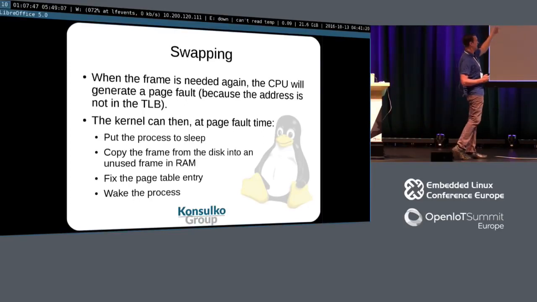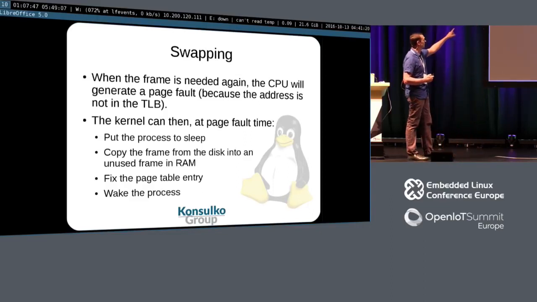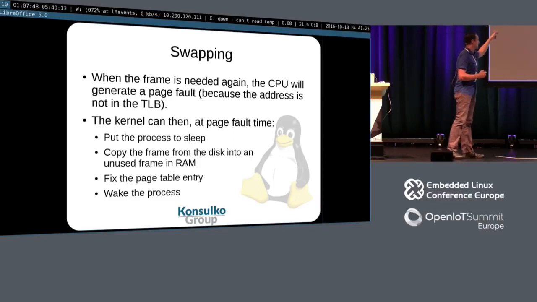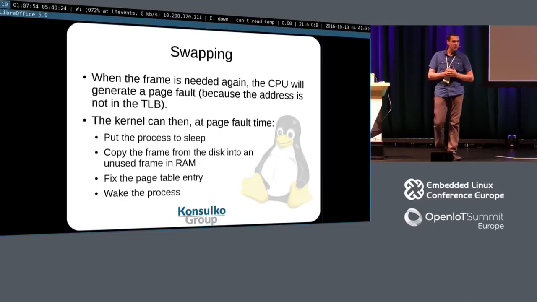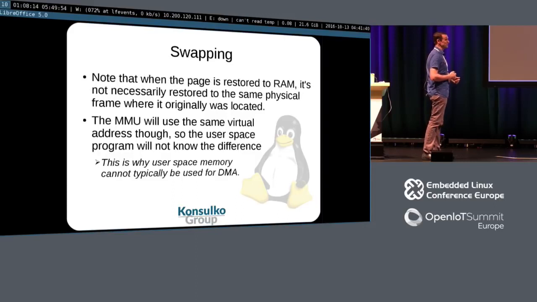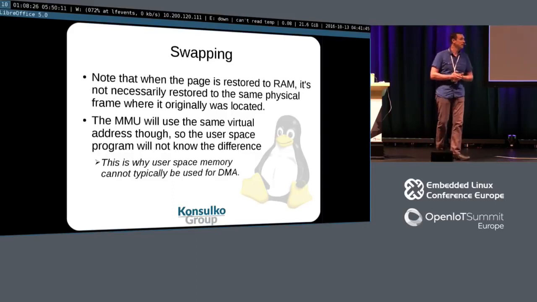We flushed that entry out of the TLB, so now it's going to generate a page fault, and when we hit that page fault, the process sleeps. We copy that frame from the disk into an unused frame, update that page table entry, and then wake the process back up. So it's going to be a slow process. We have to go out to that block I/O. We're throttled by that bandwidth now.